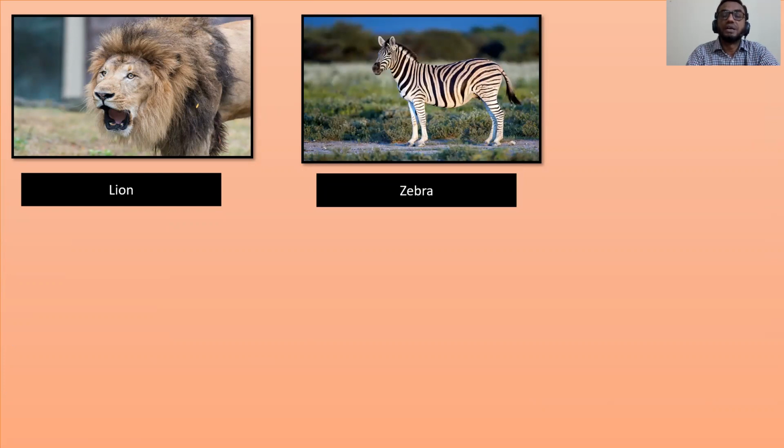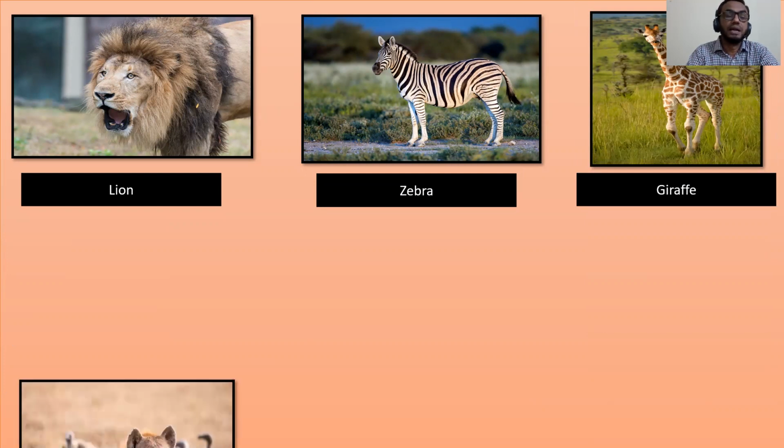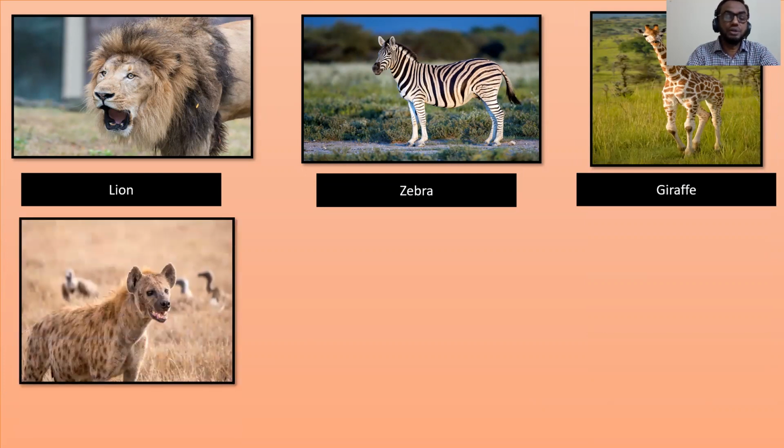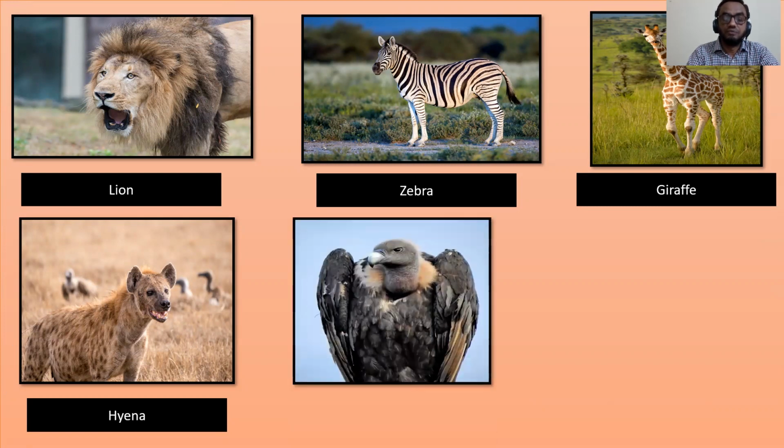Okay, fine. Now look at the third picture. And what is this? That is a giraffe. Okay. Now another picture here, and it is a hyena. Okay. Now look at the fifth picture. What is this?